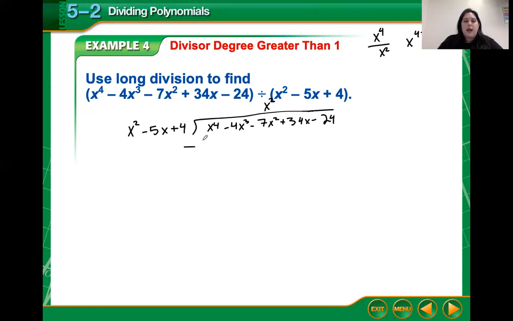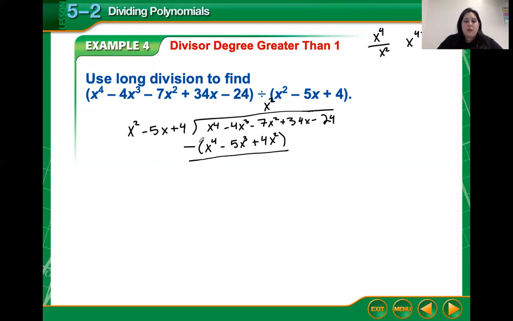When we do that, we get x to the 4th minus 5x cubed plus 4x squared. As a reminder, we are subtracting.